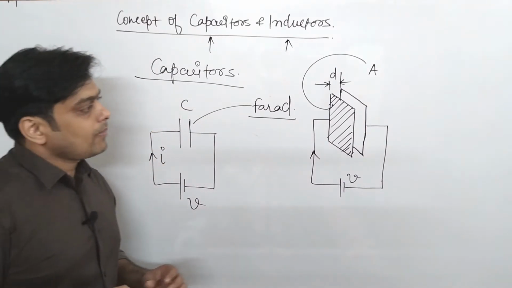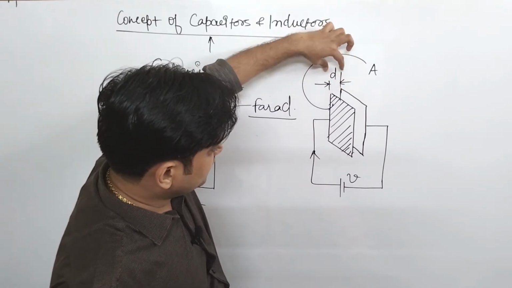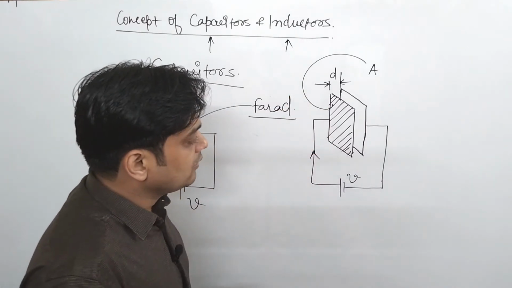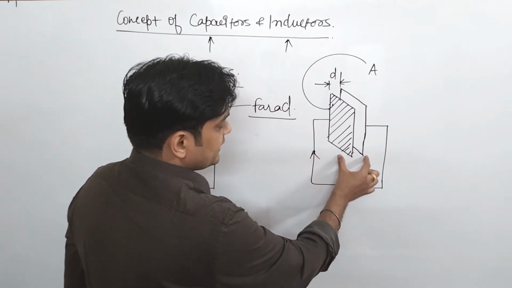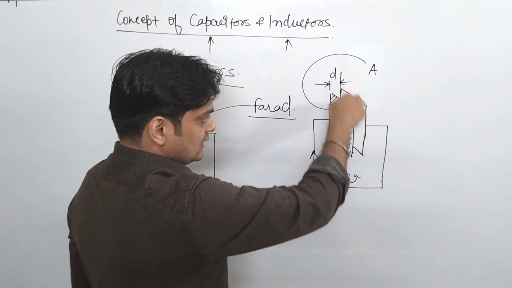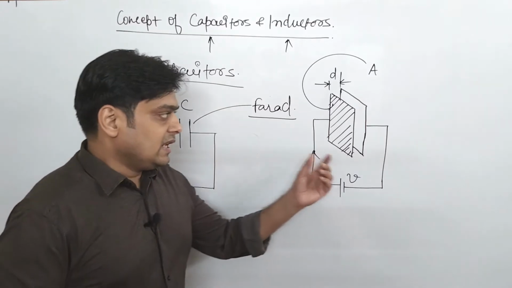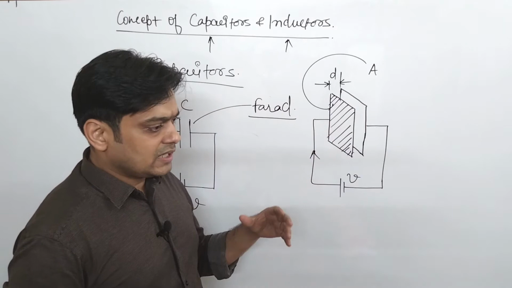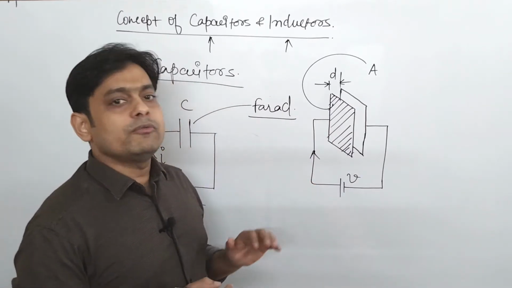These are the two parallel plates placed at some distance d, and the area of each plate is A. Capacitor means two plates kept at some distance d, and between these two plates there is some dielectric. Dielectric is another term. Dielectric means a kind of media.